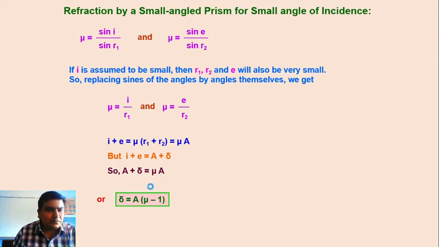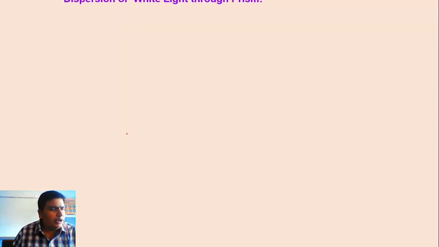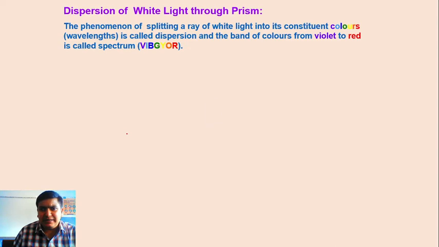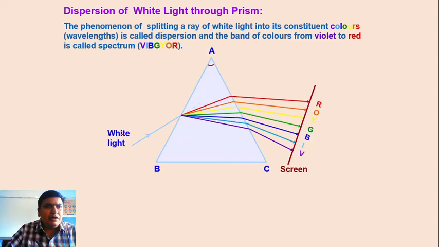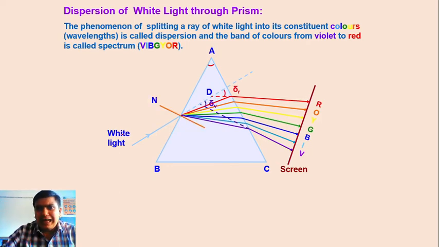Now moving on to the next part, in which we calculate dispersion for white light and dispersive power. The phenomenon of splitting a ray of white light into its constituent colors or wavelengths is called dispersion, and the band of colors from violet to red is called the spectrum.